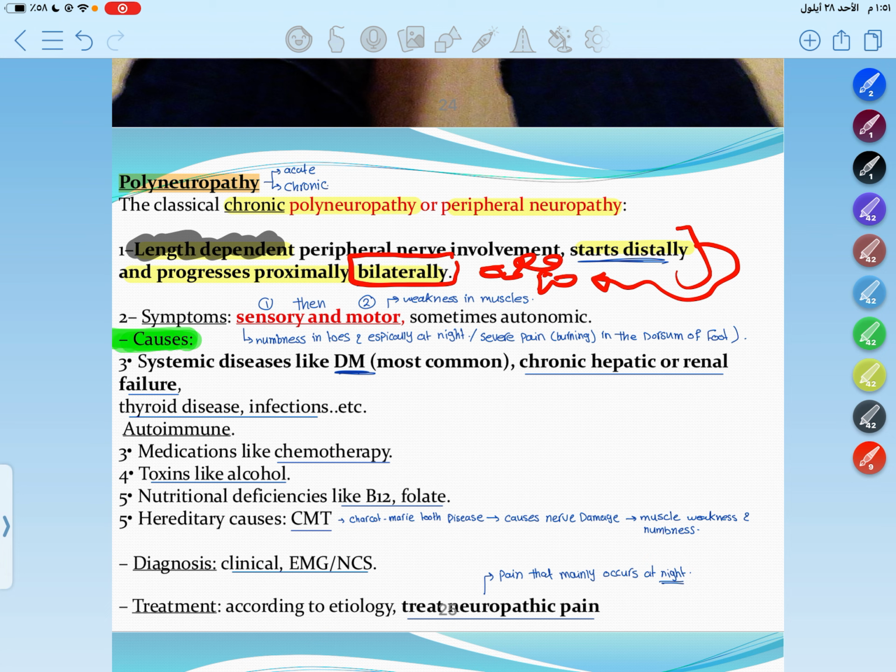Alcoholic polyneuropathy is very common. Nutritional causes, vitamin deficiency, especially vitamin B12 or folate. Or sometimes a hereditary one, called Charcot-Marie-Tooth. And the diagnosis is clinical plus nerve conduction and EMG.